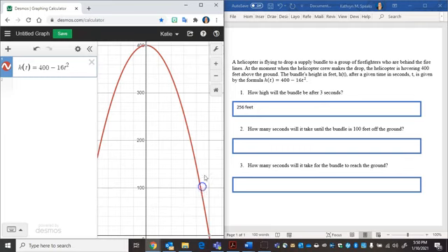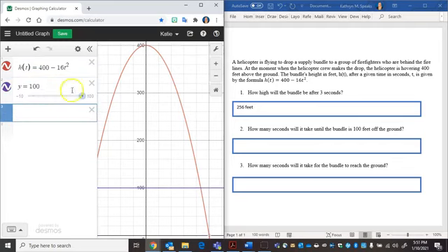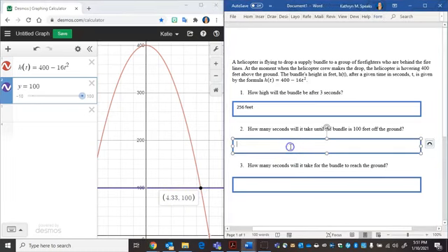So what we're going to do is make another line, y equals 100, because we want to know when the height is 100. Now Desmos will tell me exactly where they cross. So when it's exactly 100 feet, the time is 4.33. So it will take 4.33 seconds for the bundle to fall to 100 feet off the ground.